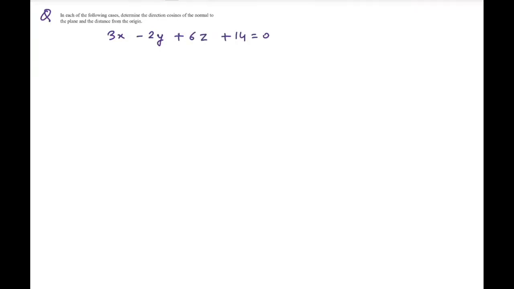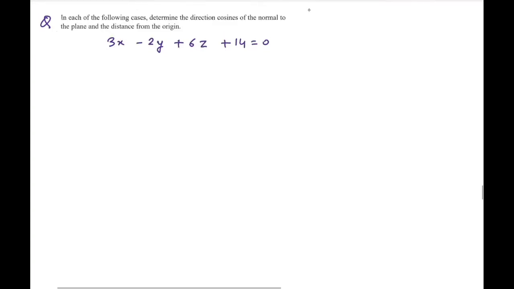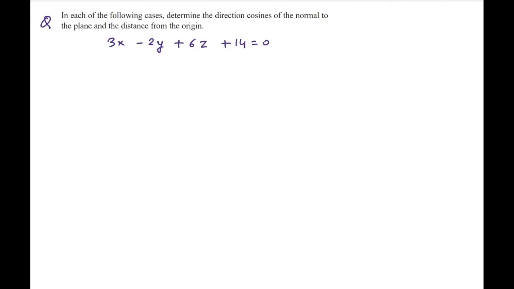In this question, we have to find the direction cosine of the normal to the plane and the distance of the plane from the origin.